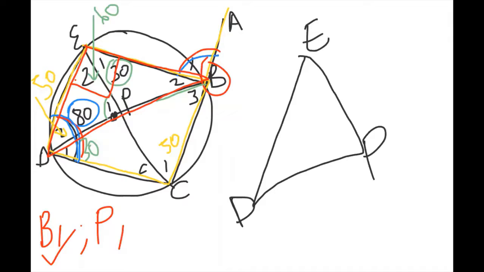This one here is E2 that we worked out, that was 60, and the D2 that was 50. And now you can already see P1, which is this here, is just the inside angle of the triangle, and that answer will give you 70. And there we have P1 as well.